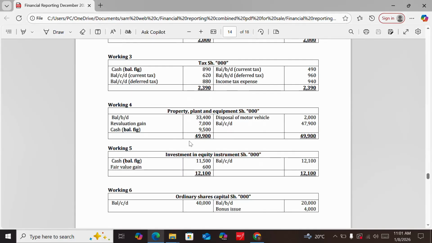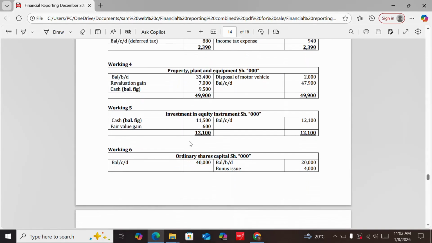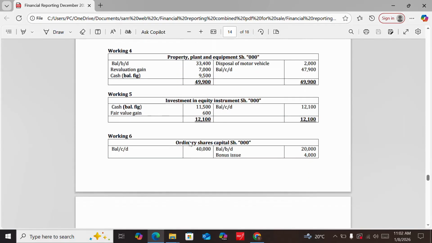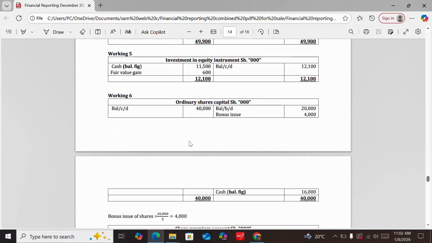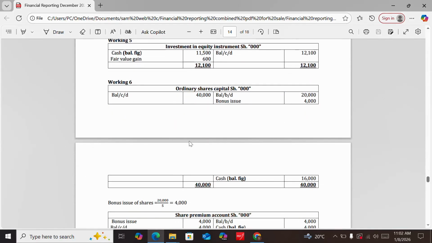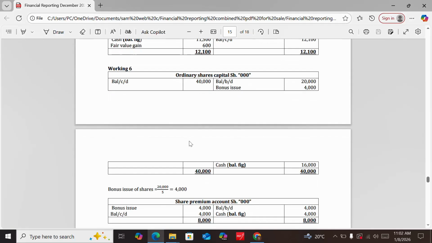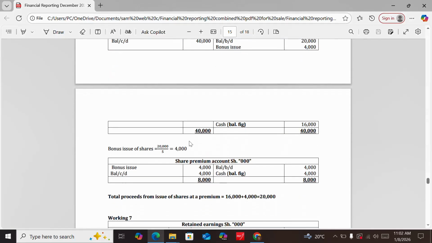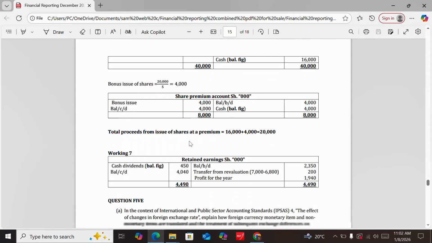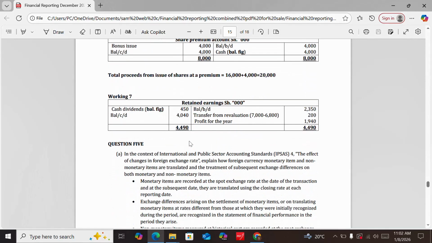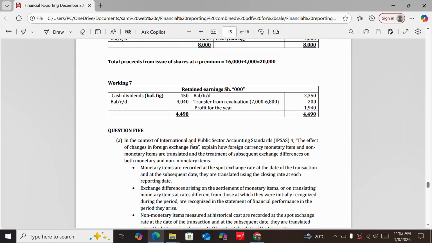Working 4 for the purchase of property, plant and equipment. Working 5 for the purchase of investment. Working 6 for the sale of shares. And then working 7 for the cash dividends which were paid.